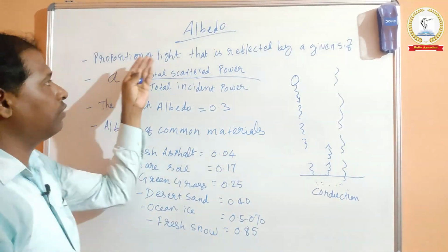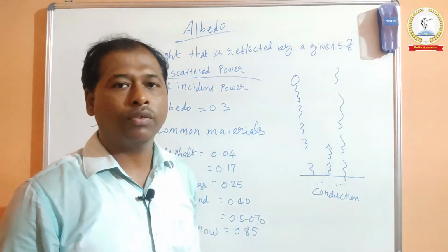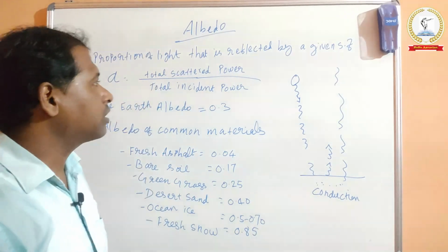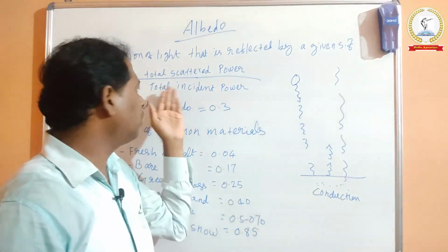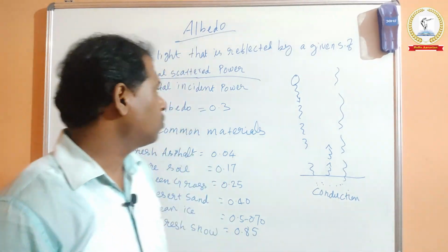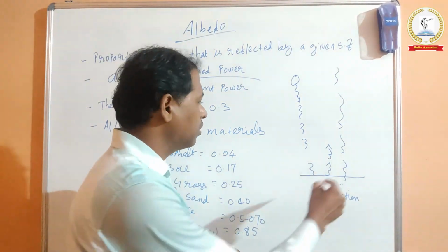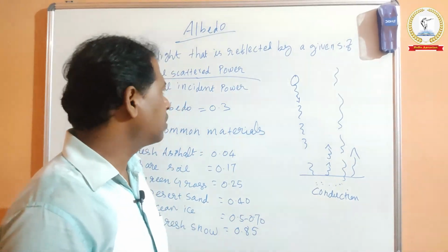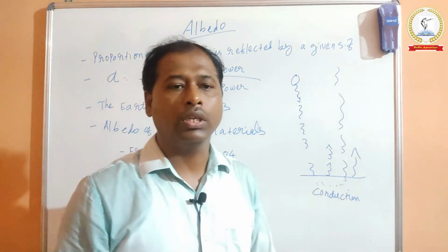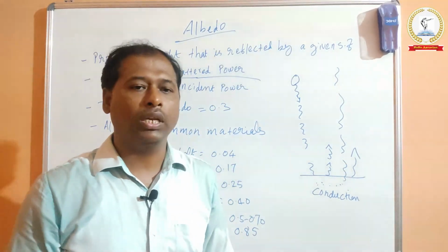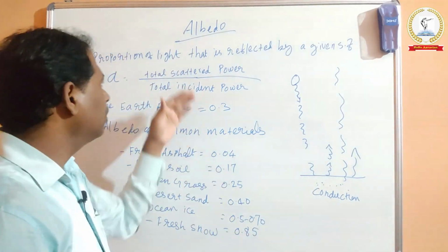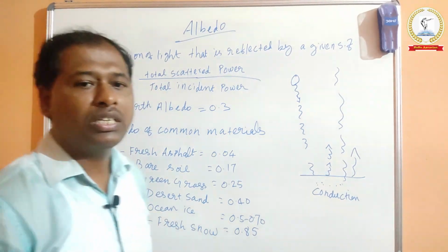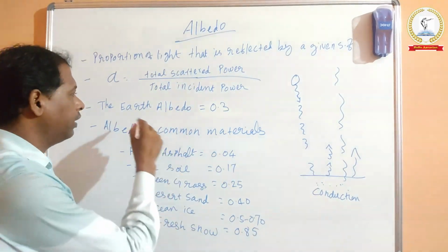So albedo is the proportion of light that is reflected by a given surface. It can be calculated as total scattered power upon total incident power. Out of the incident power, how much power is scattered without changing its quality. So you can define it more specifically as the ratio of the total scattered power to the total incident power.